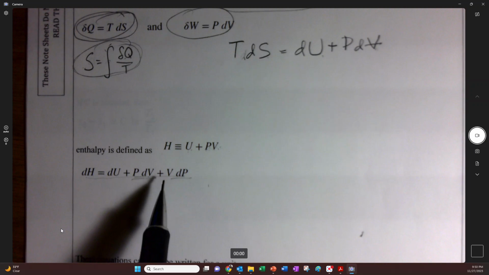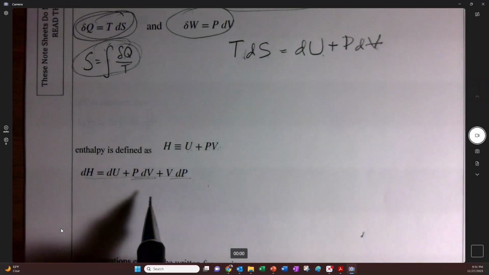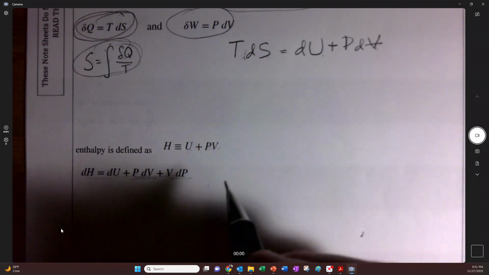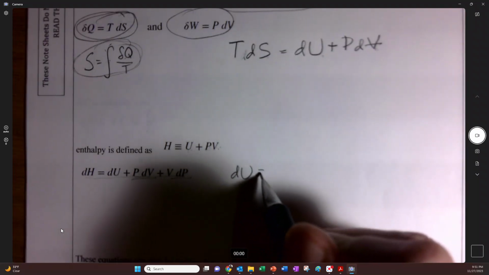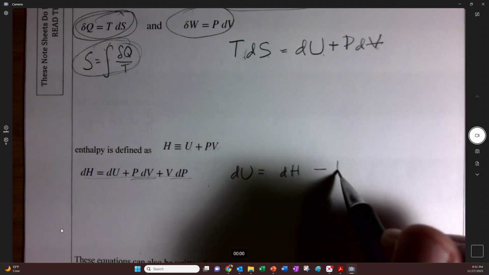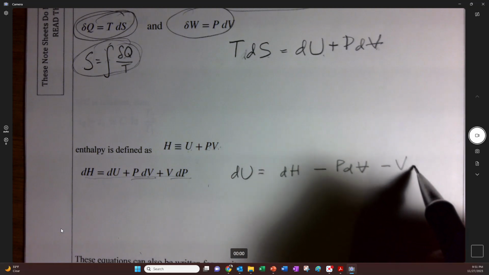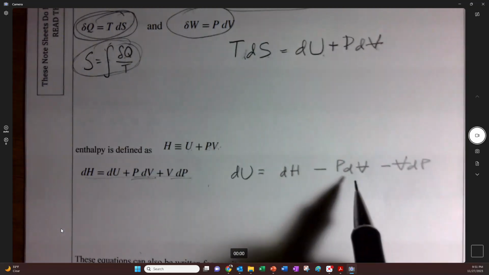Then rewrite this for dU, and so we have dH, minus P dV, and then minus V dP. These are the volumes right here.